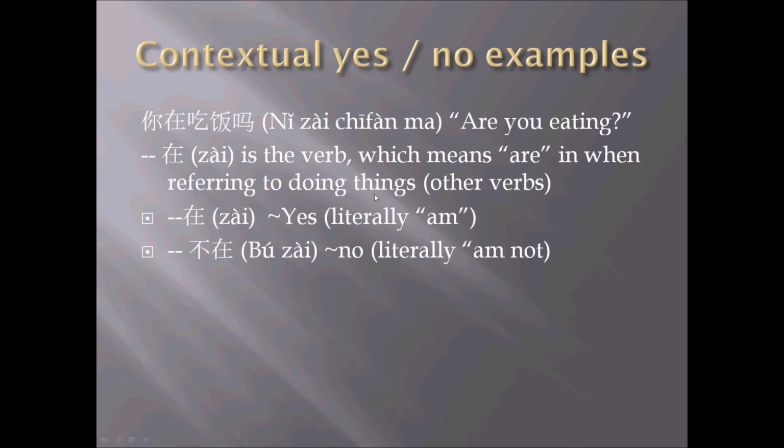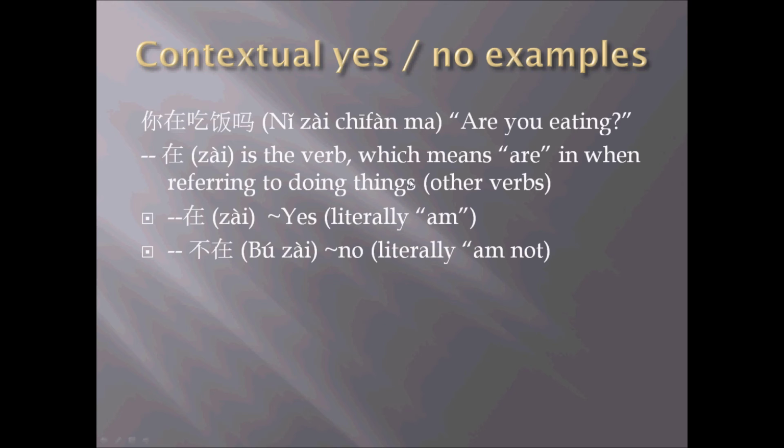My final exhaustive example, and then I'll just go on to say why there are so many more and I won't give all of them, is 你在吃饭吗? Are you eating? In this context, 在 is the verb, which is translated to "are" in English when referring to doing things.